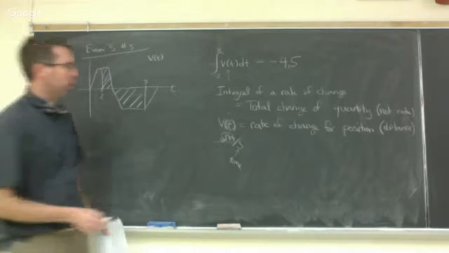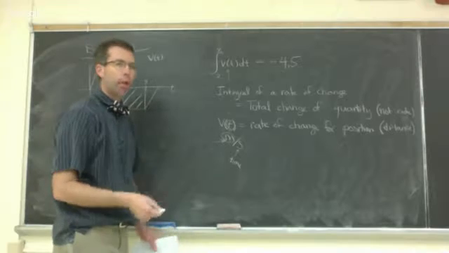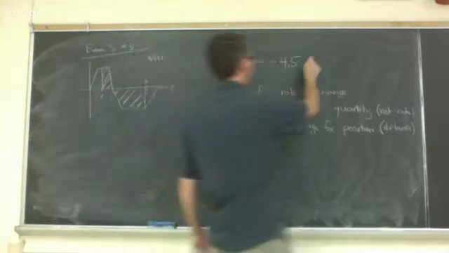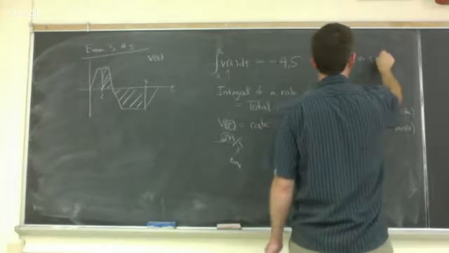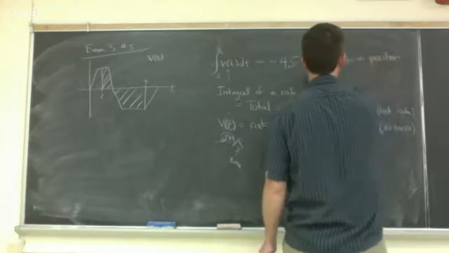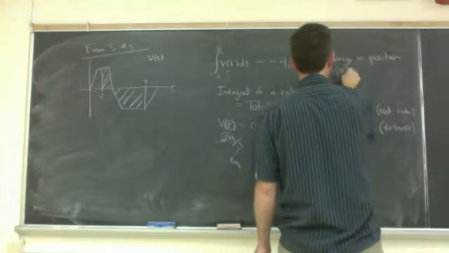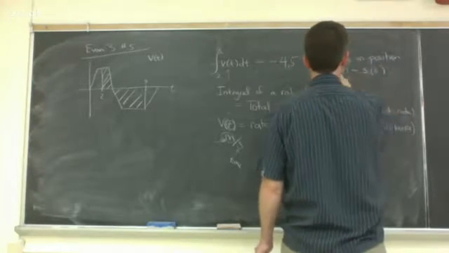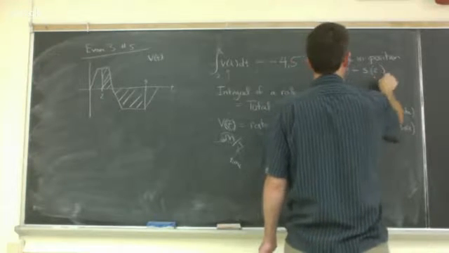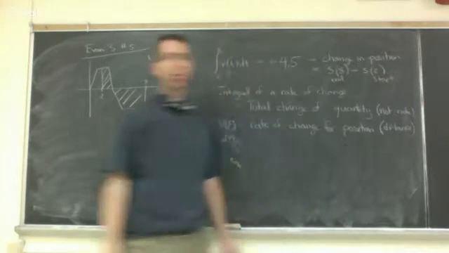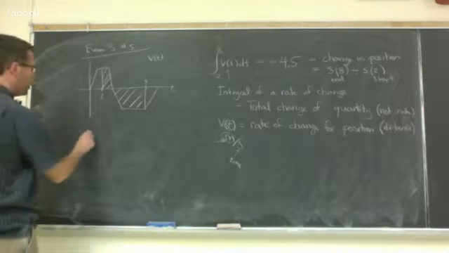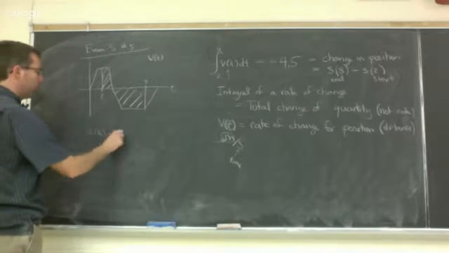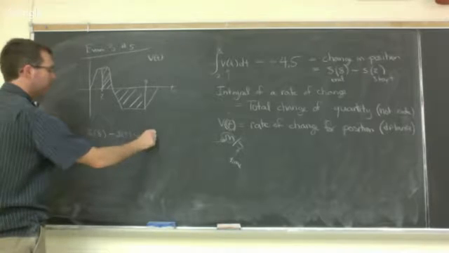So when I integrate velocity, I get the change in position. This is the change in position, which means the position at the end minus the position at the beginning. And it's always that order: the ending value minus the starting value. So I know that my position at time 8 minus the position at time 2 is equal to negative 4.5.